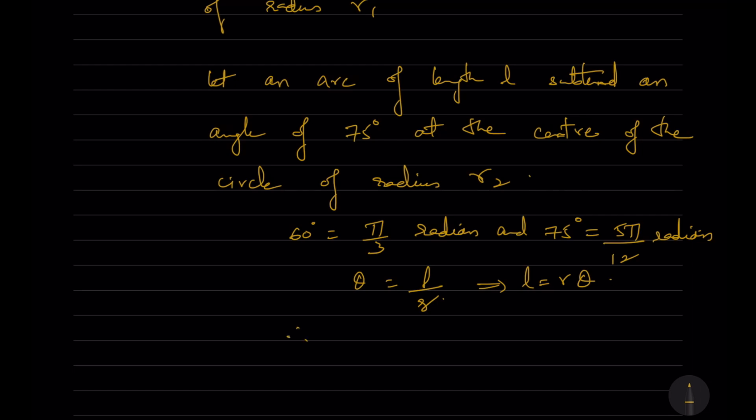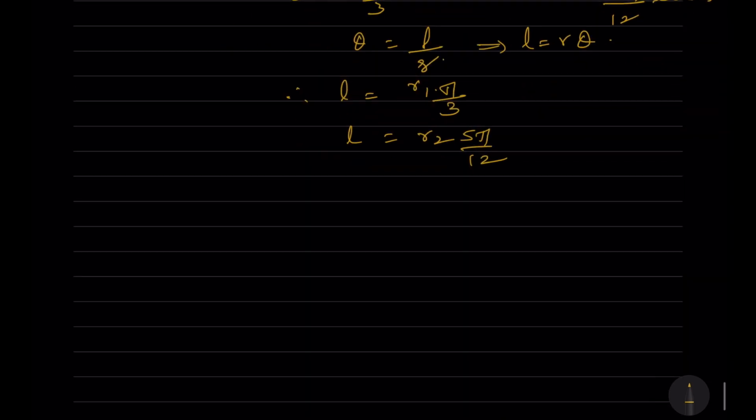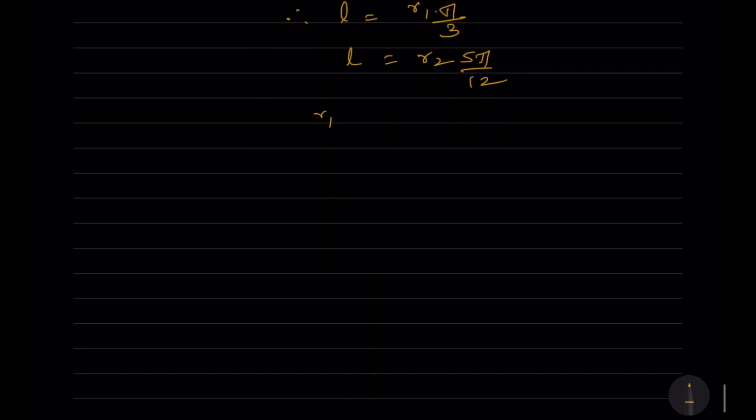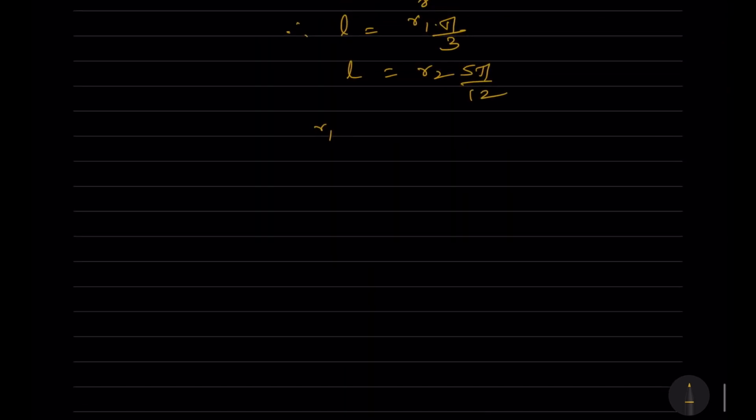Therefore L is equal to r1 into pi by 3, and also L is equal to r2 into 5 pi by 12. So we can equate these, because both are equal to L. They are having the same arc length. So r1 pi by 3 is equal to r2 5 pi by 12.